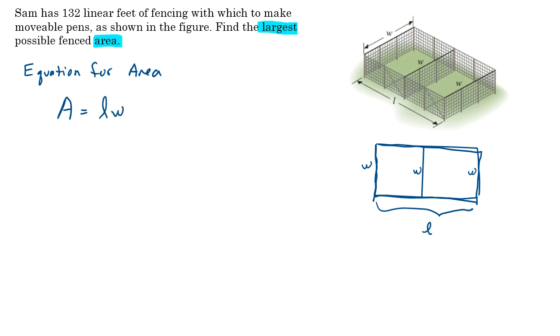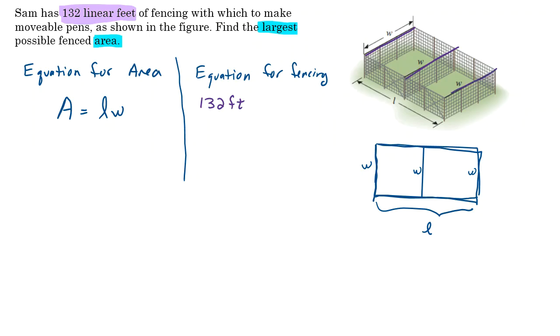Okay, now the thing we haven't really taken into consideration yet is the fact that we're using 132 feet of fencing. So let's also think about writing an equation for the fencing, which in this case is sort of like the perimeter. So we've got 132 feet of fencing, and we're going to put it here, here, here, here, and here.